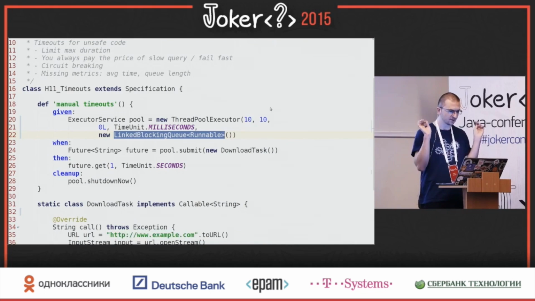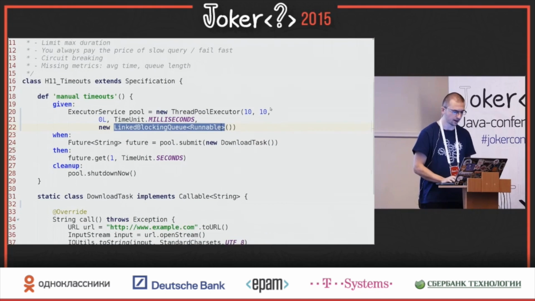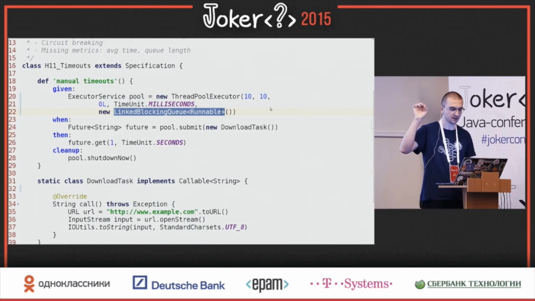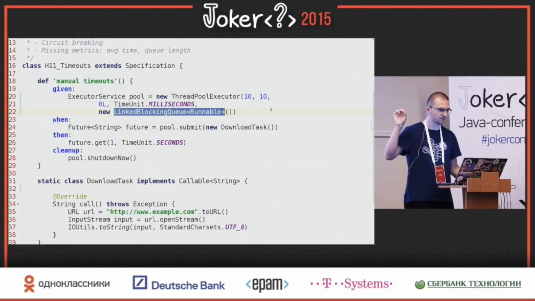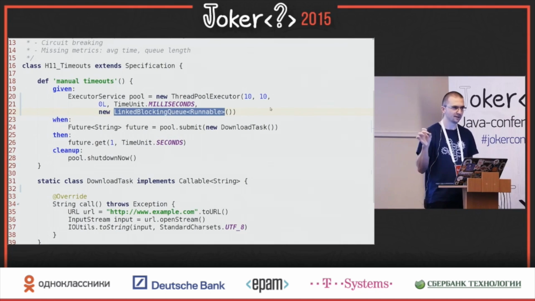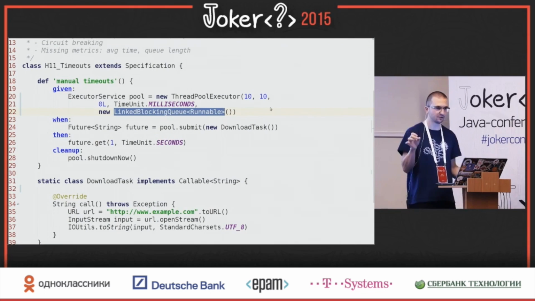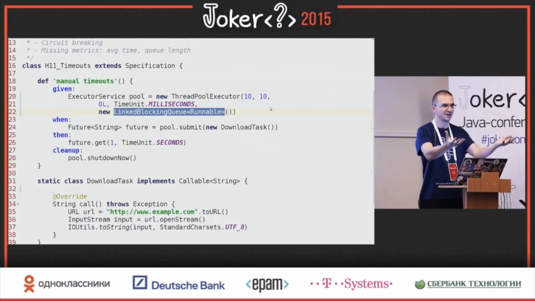And every time you submit something into a thread pool, you're actually first submitting into a queue, and then a first idle thread, the one that doesn't have anything to do, takes a task from that queue and executes it.